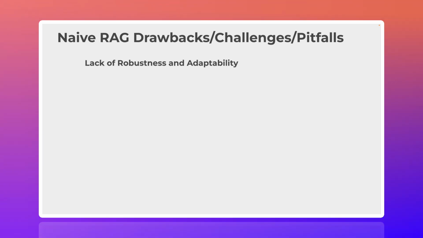Okay, so going to the lack of robustness and adaptability. This is another one. Models often lack mechanisms to handle ambiguous or complex queries. Remember that queries are not always very direct. You can have a query that is loaded, ambiguous, with more information, more questions, a little bit complex. Naive RAG doesn't have the mechanisms to handle that, because it's not adaptable.